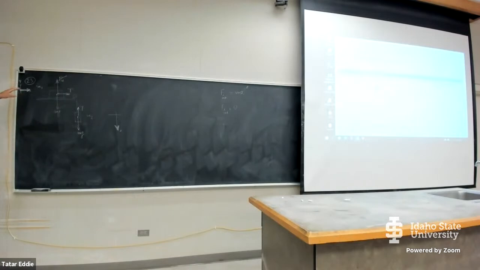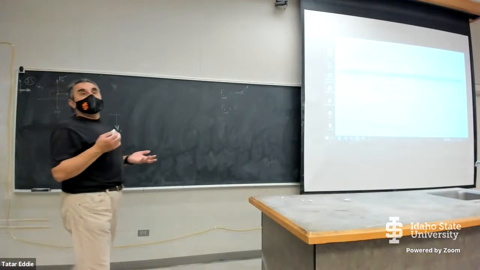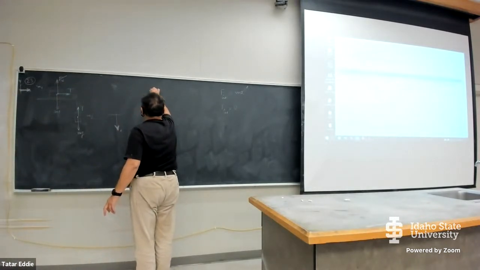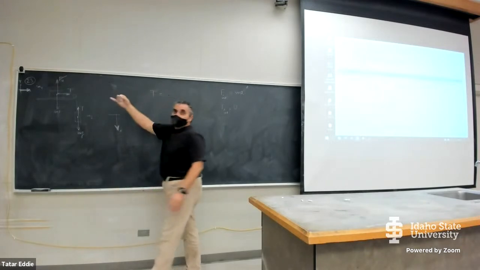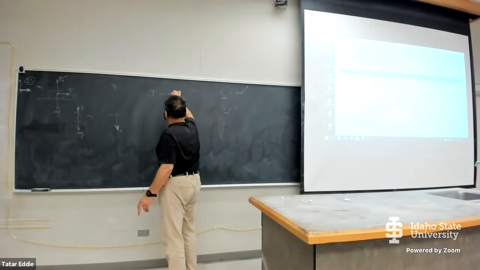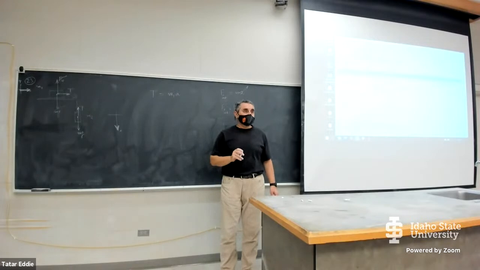And the net force that acts on the first object is just the tension force T. And you can write Newton's second law for the first object. The net force acting on the first object, just the force T, is equal to the mass of the first object multiplied by its acceleration.